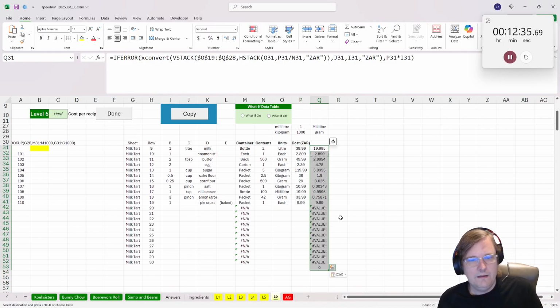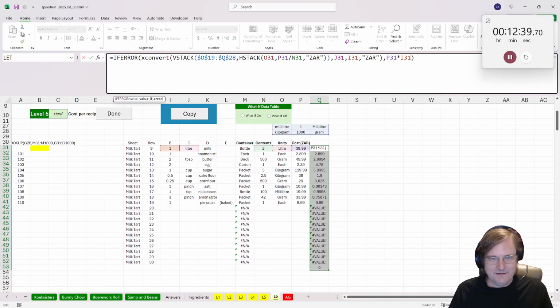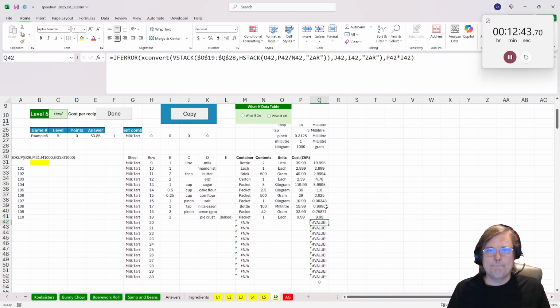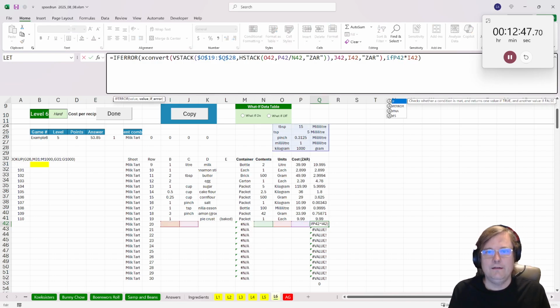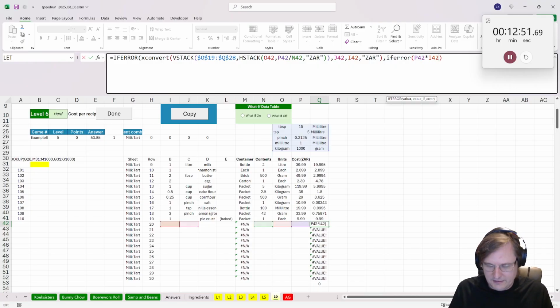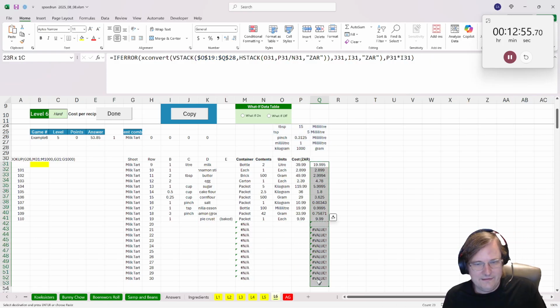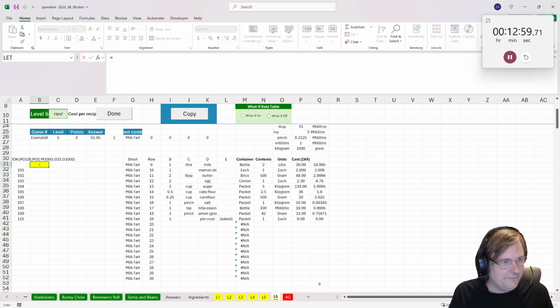And then I put this out. Still need IFERROR, don't I? Because I don't want to get a bunch of ugly errors out of this. Yeah, nested IFERRORs are not amazing, but close enough.